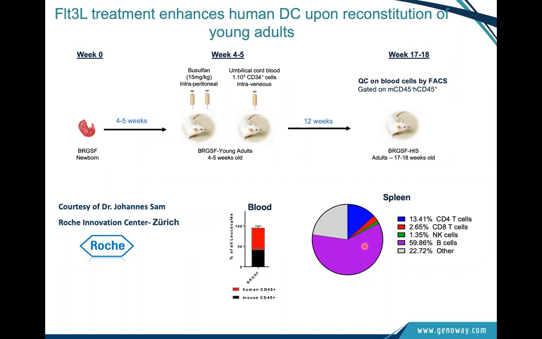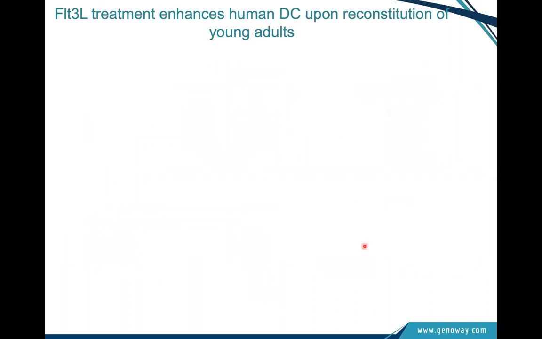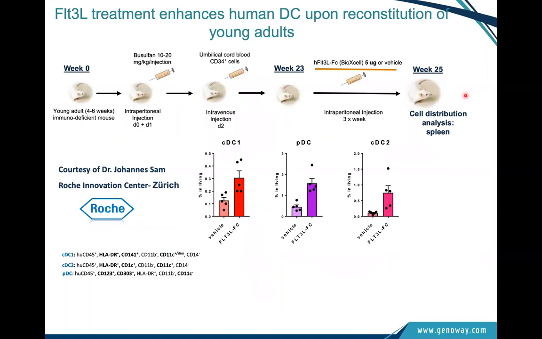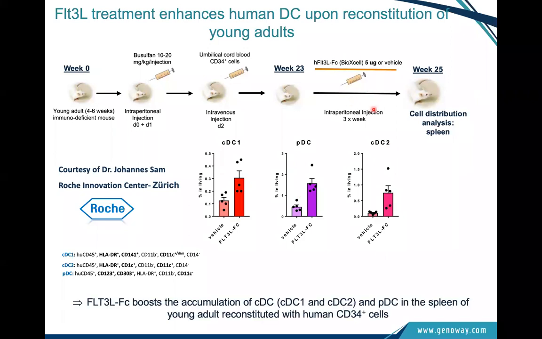They decided to further investigate the model and check into the spleen if they do see dendritic cells. And as you can see, they do detect cDC1, cDC2, and pDCs upon treatment with FLT3 ligand using the protocol we provided.